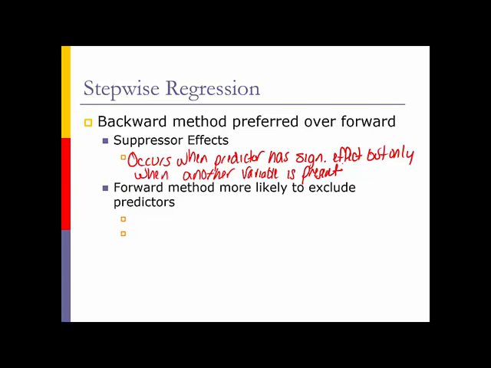Alright, so that is really the best thing. Now the forward method is most likely to exclude predictors, which obviously increases our type 2 error. You really don't want to do that. And you could miss a predictor.